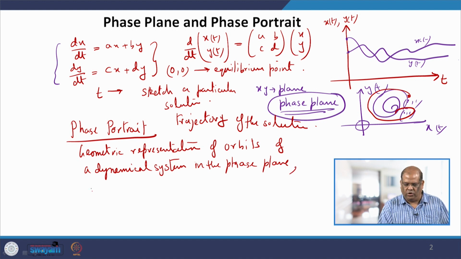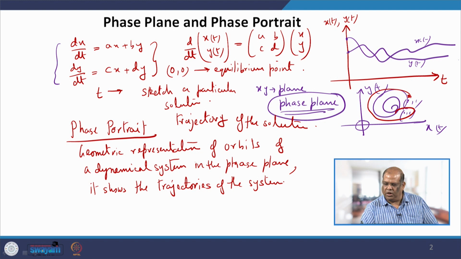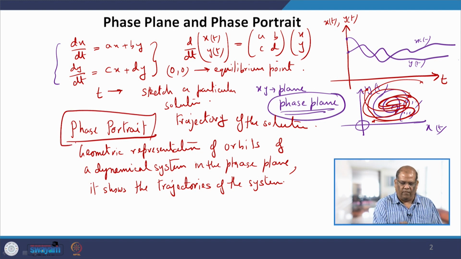Basically, it shows the trajectories of the system. You take one initial condition and you get one path, that is one trajectory. You take another initial condition, you get another path, this is another trajectory. You start from here, you get another, you start from here, you get another, and together all this will be known as a phase portrait.